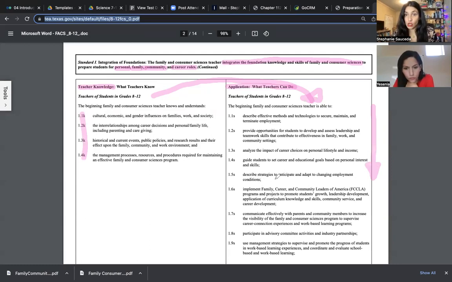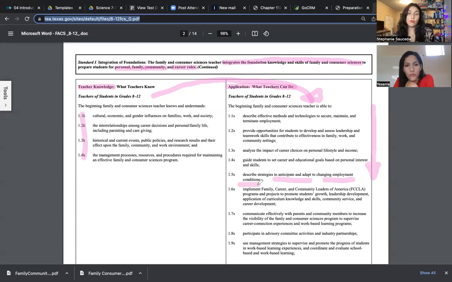Describe strategies to anticipate and adapt to changing employment conditions. So the teacher would be doing this thing or creating a lesson where the students have to maybe discuss that, and how they would apply. So it's going to come from this right-hand column.